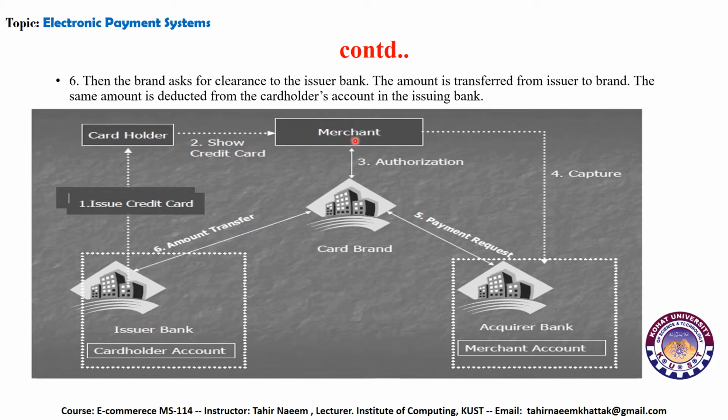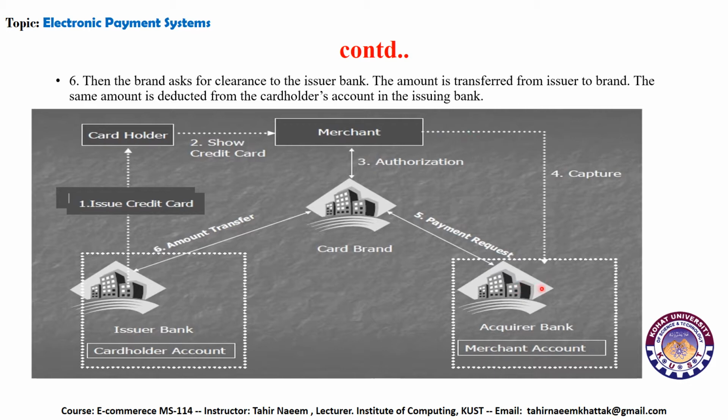The merchant has a POS, takes your card and seeks authorization from the card brand, in the case of Visa, Master or PayPak. The card brand then looks into the capture. It requests the acquirer bank to transfer the amount to the bank account of the merchant.